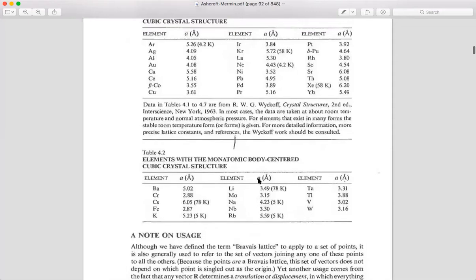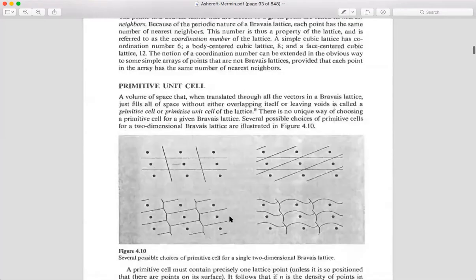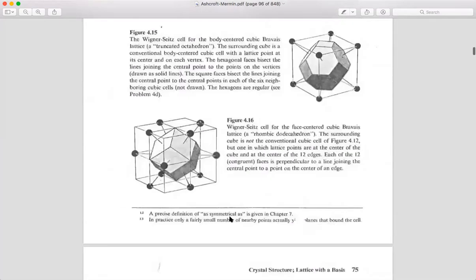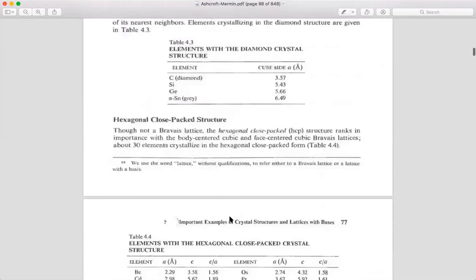Similarly, there is a fairly large number of elements that form BCC structure. Iron is one of them, and usually the alkali elements form BCC structure: potassium, lithium, sodium, rubidium, and so on. And then there are some elements that form hexagonal close packed structures.